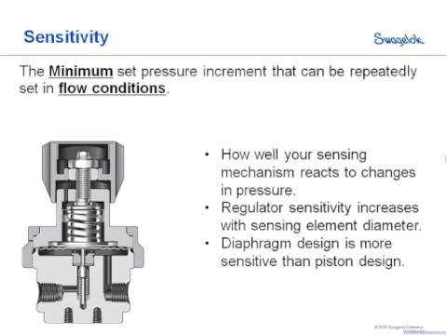A regulator's sensitivity will increase with a larger sensing diameter. So as our diaphragm or our piston get larger, our sensitivity is going to increase. And the diaphragm design, as we discussed previously, is more sensitive than the piston design.